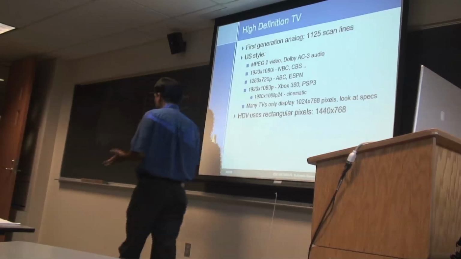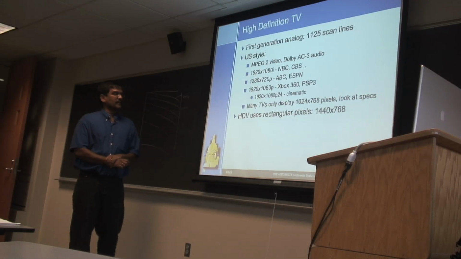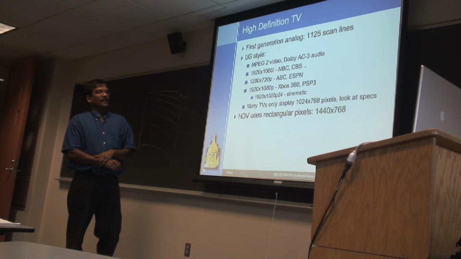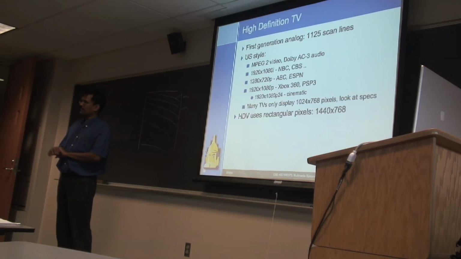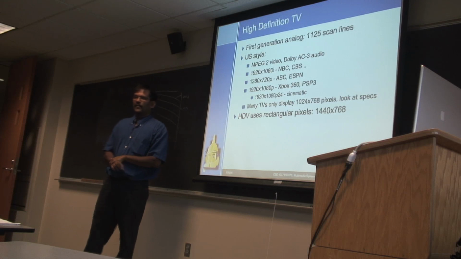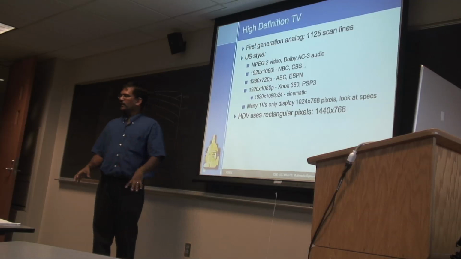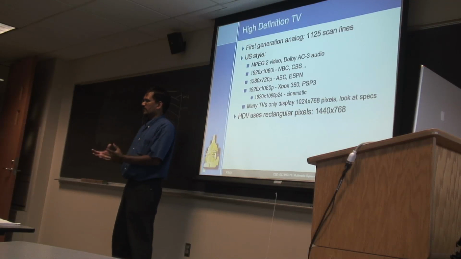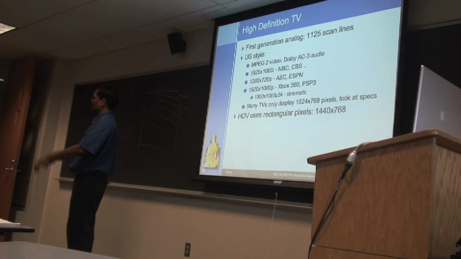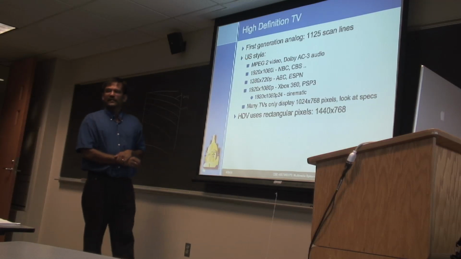So next, the logical transition is towards high definition TV, and the first generation high definition TV was actually in Japan, and they had 1125 scan lines. They could do that because they were broadcasting it over satellite, and since Japan was not all that big, they could have 1 or 2 satellites reaching the whole country, so they could afford all that bandwidth, right?